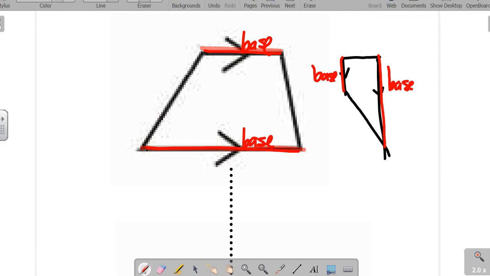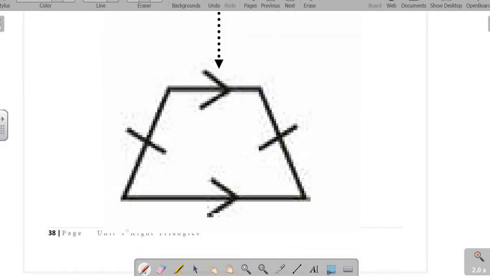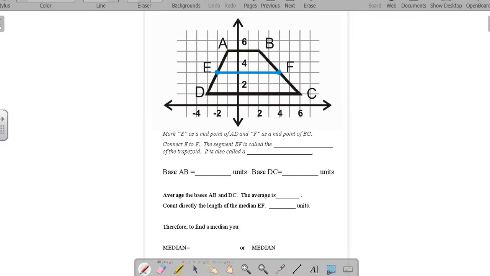The non-parallel sides are called the legs. Now if you take a trapezoid, any trapezoid, and you make the legs equal, then you have an isosceles trapezoid, two equal sides.